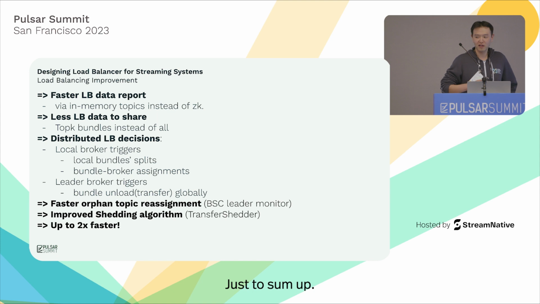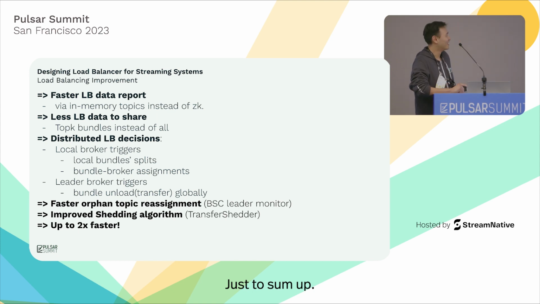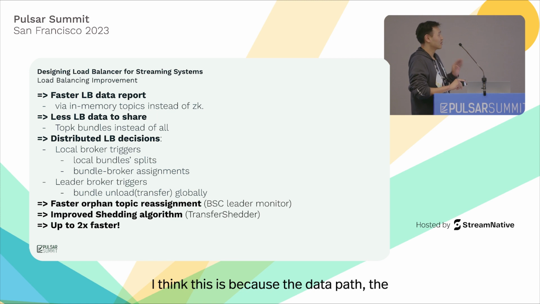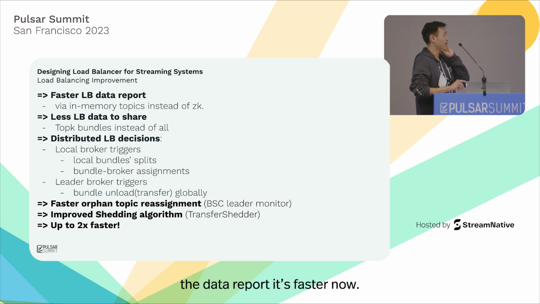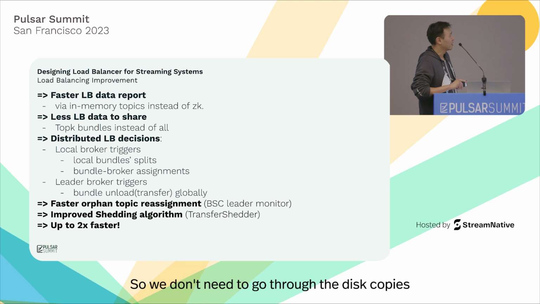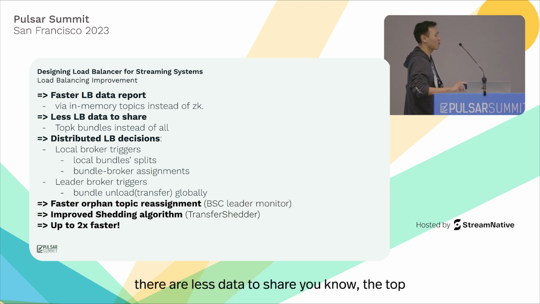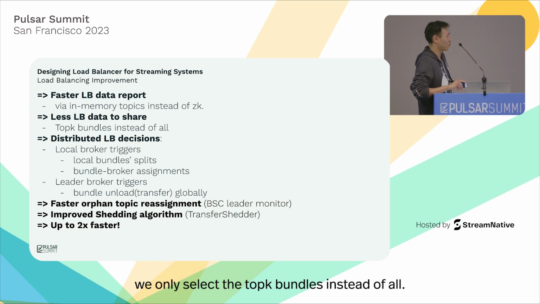Just to sum up, why is it better? I think this is because the data path, the load balance data report, is faster now. We are now using in-memory topics instead of ZooKeeper, so we don't need to go through disk copies. Also, there is less data to share, since we only select the top-k bundles instead of all.